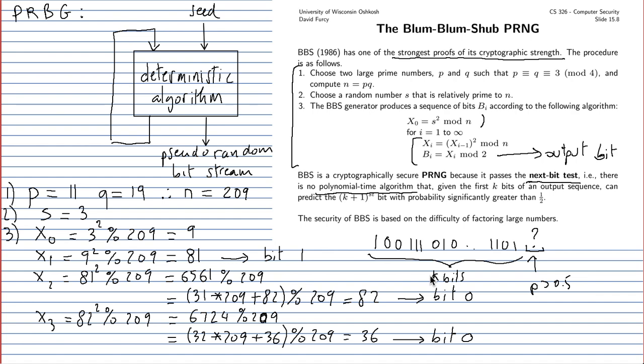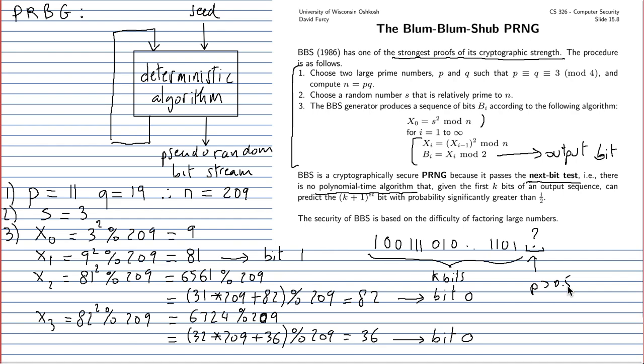Any polynomial would be acceptable. But to pass the so-called next bit test, it must be the case that there is no such polynomial time algorithm that will guess the value of the next bit given the values of the first k bits, with a probability that's significantly different or greater than 0.5.